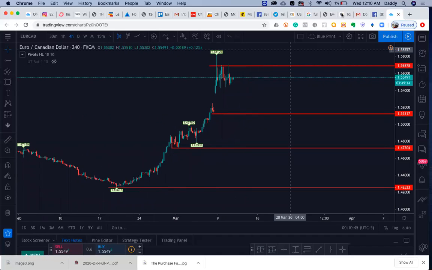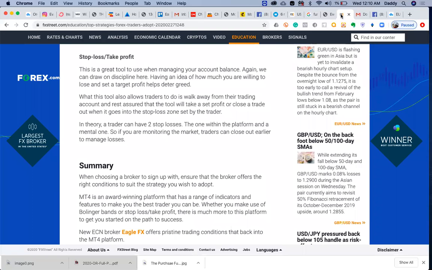Now, watch this here. One thing I found, and I don't really use them, but you can go to fxstreet.com.